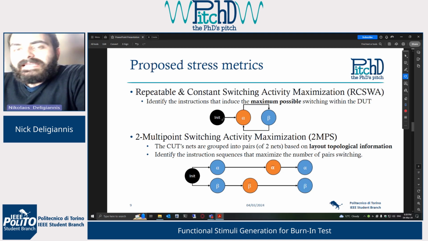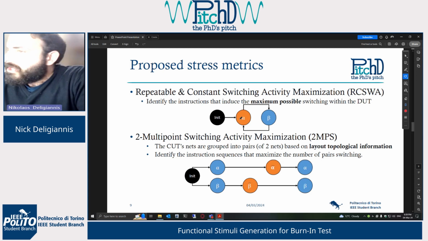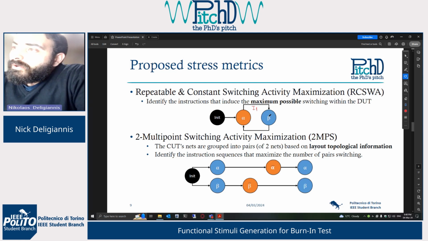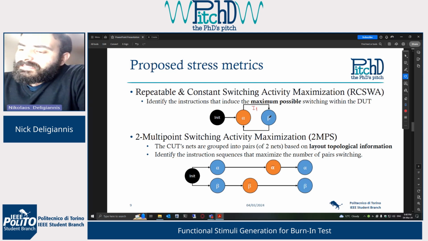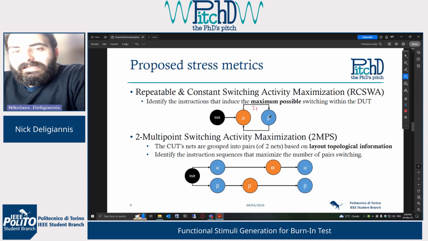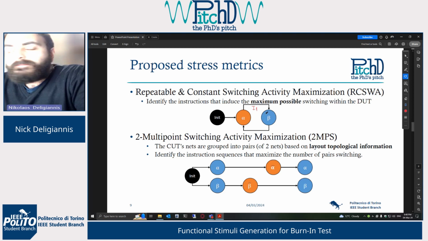So we have the initial state. The circuit is driven in an initial state that is well defined. That means no X values are present, no nothing. Everything is initialized. And from that state, by applying the first instruction, so I1, we move to the state B, in which as many nets as possible have performed the transition from 0 to 1 or from 1 to 0.